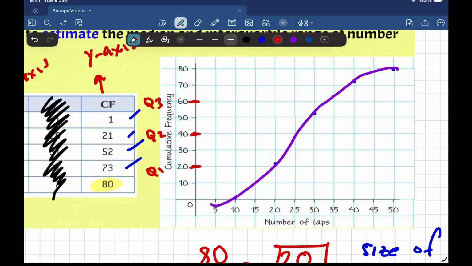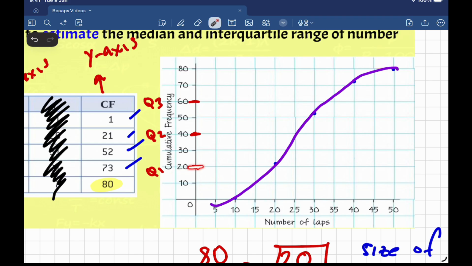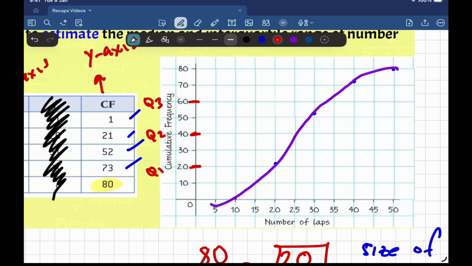Pay attention. If we want to find Q1, we identify this location, and we are going to draw a line until touching the cumulative frequency curve. Once we have touched the curve, we are going to go down, and this number on the x-axis is going to be Q1.